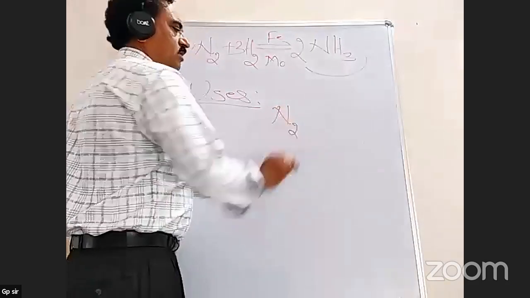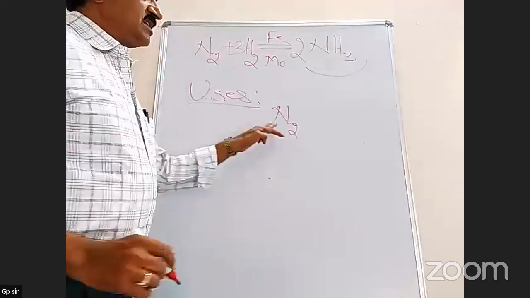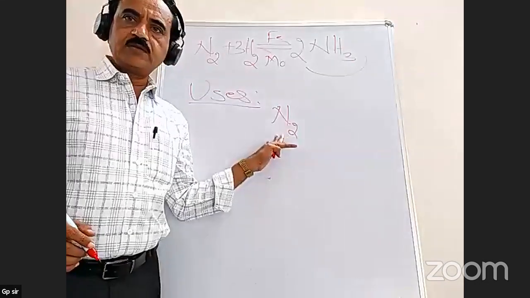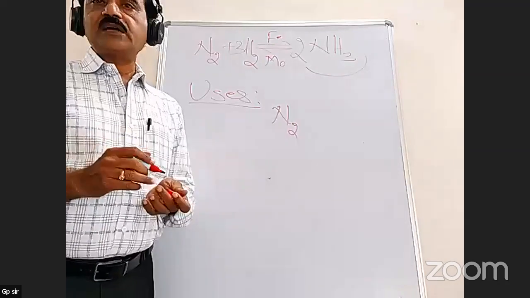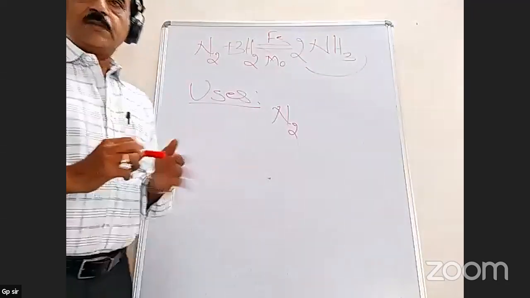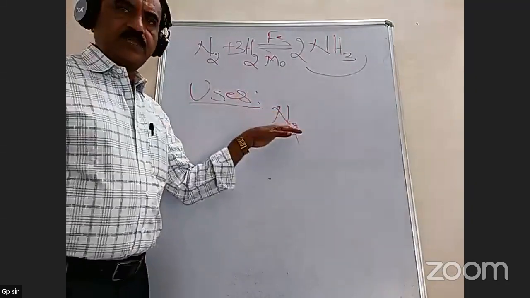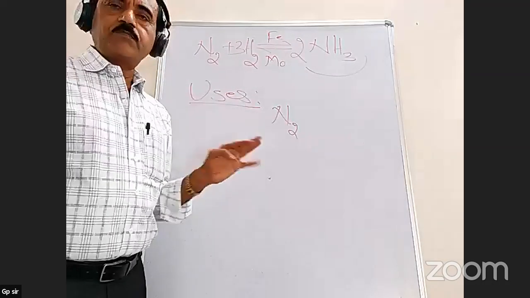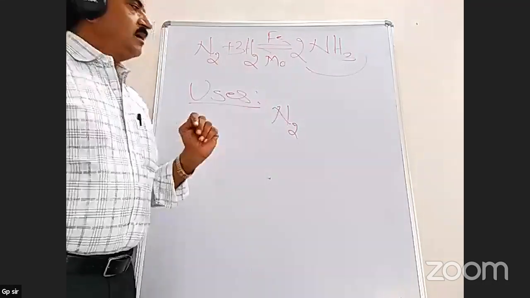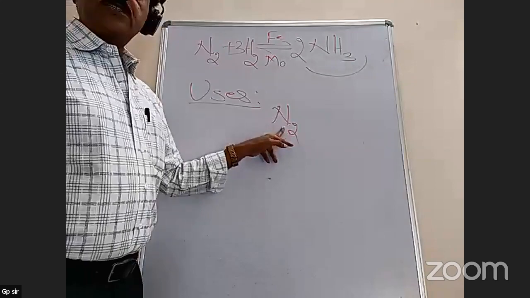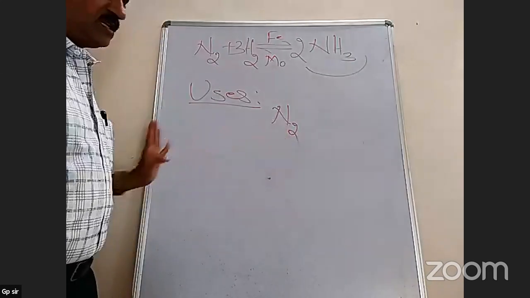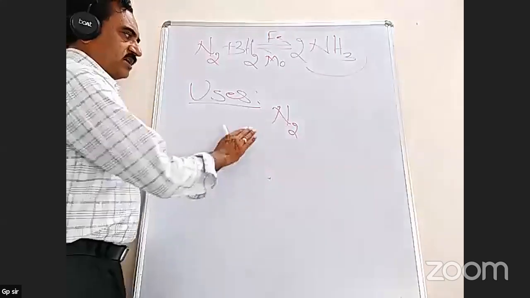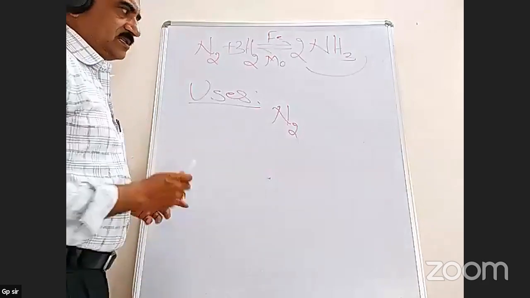Nitrogen, as I've already told you, is used as an inert gas in packaging of food articles. In packaged food articles, nitrogen is filled in. The air inside the container is displaced by nitrogen because it is less reactive. It prevents oxidation and hydrolysis of the food articles.